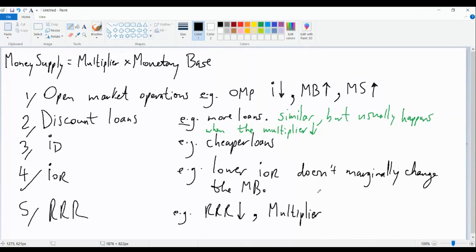A lower reserve ratio raises the multiplier. Remember, there's a mnemonic for that, because in the case when there is no currency, the formula for the multiplier is 1 over the reserve ratio. If we're in normal times, there are not many excess reserves, and so lowering the reserve ratio raises the multiplier.